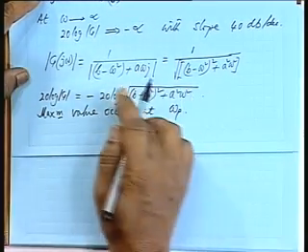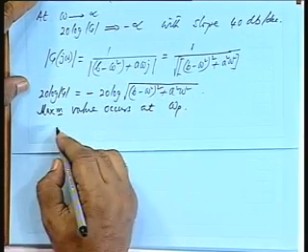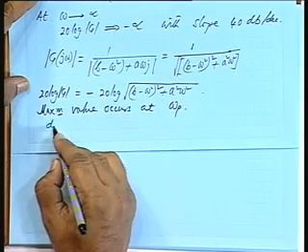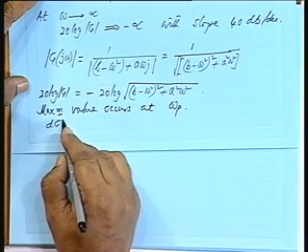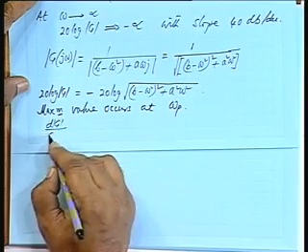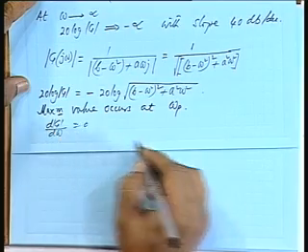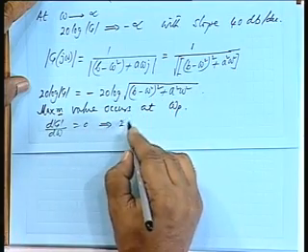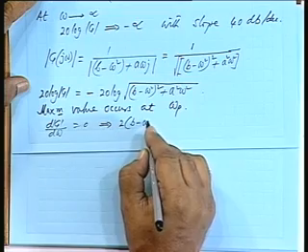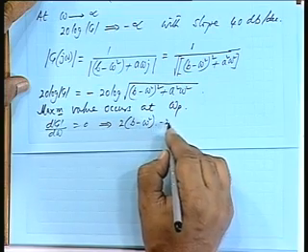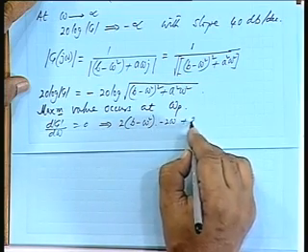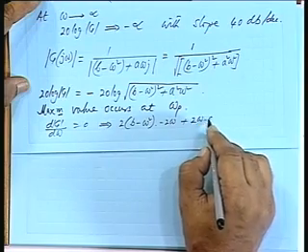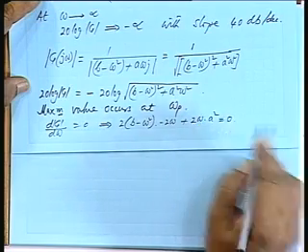So, if I differentiate the quantity inside the bracket, what do we get? d g by d omega equal to 0 gives me 2 into b minus omega squared into minus 2 omega plus twice omega into a squared equal to 0.